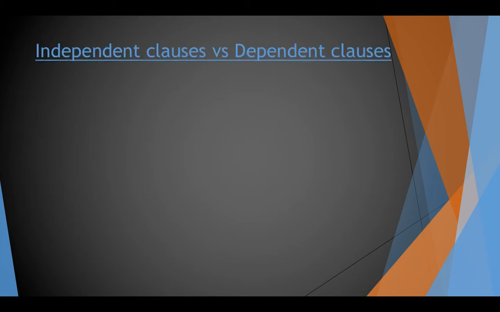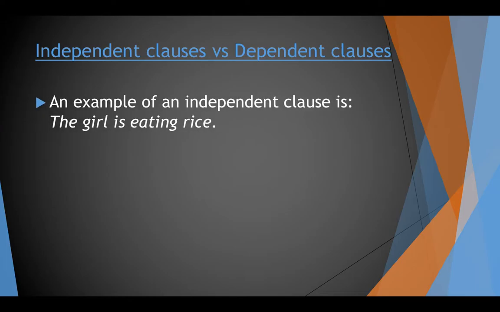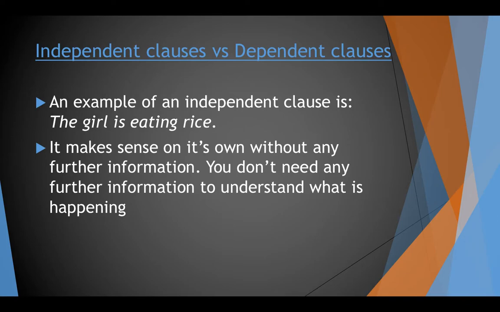So independent clauses versus dependent clauses. An example of an independent clause is the girl is eating rice. It makes sense on its own without any further information. You don't need any further information to understand what is happening. Simply, the girl is eating rice.